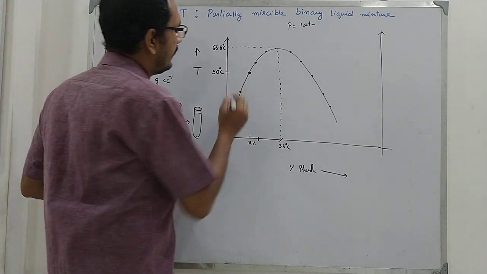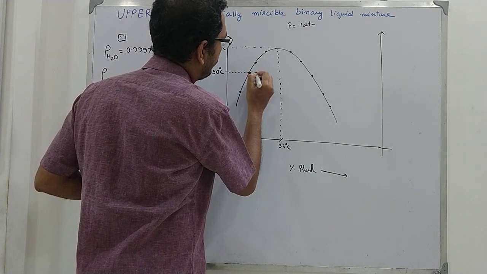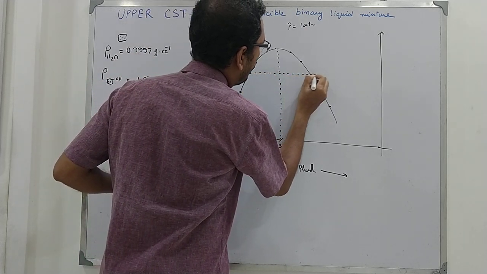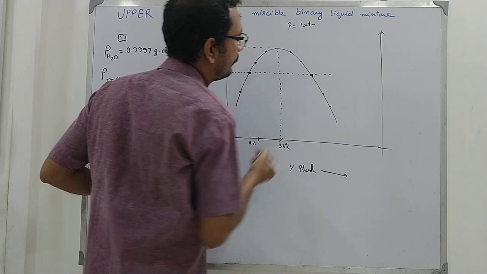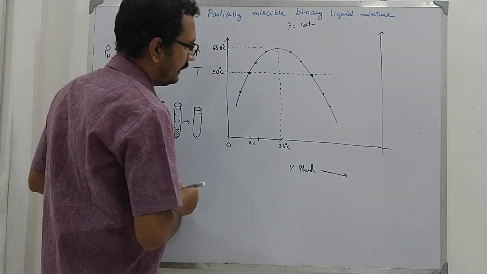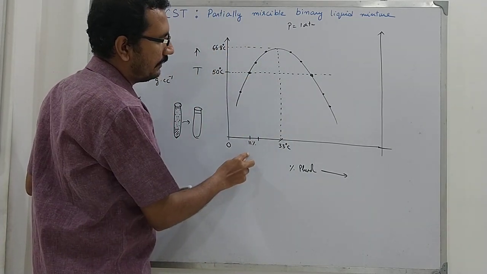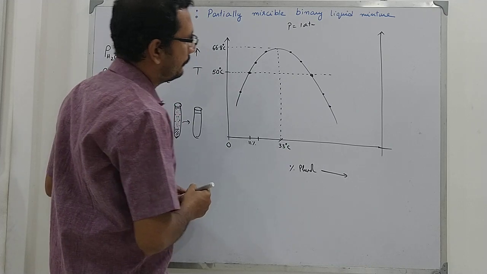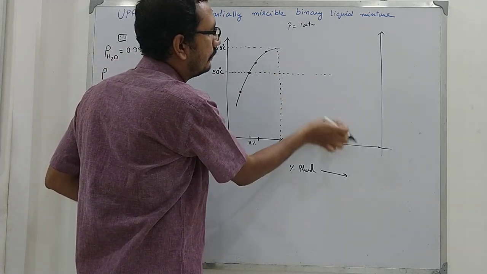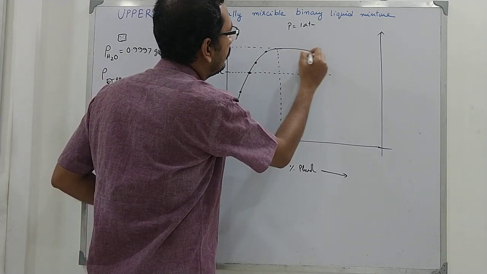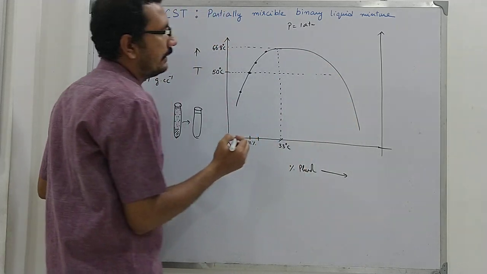Now at 50 degrees centigrade, if I draw a horizontal line here, what idea will it give us? See, this is 11% and this is more.